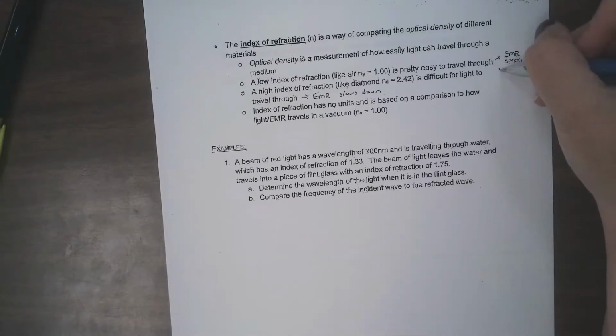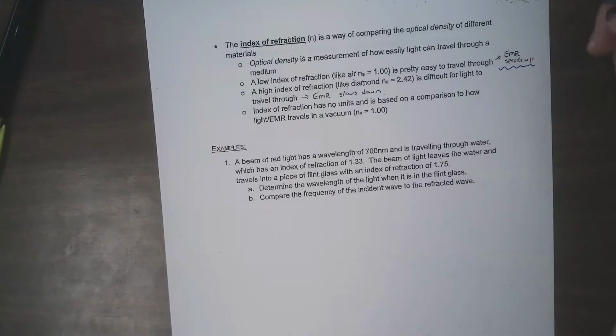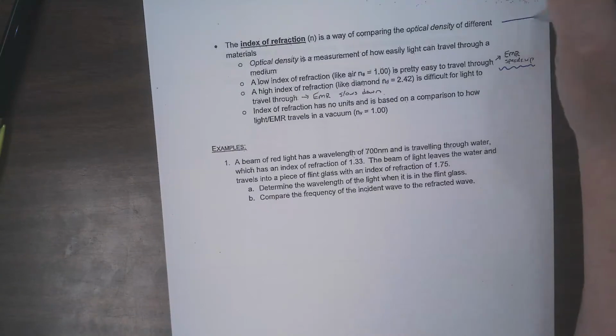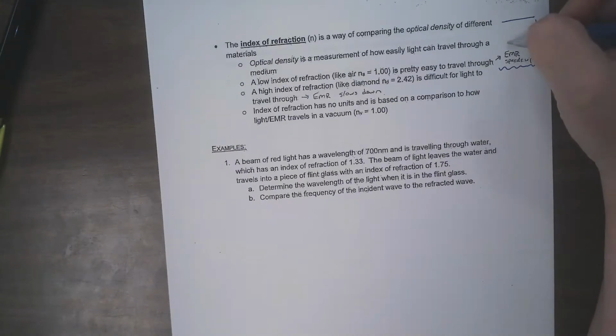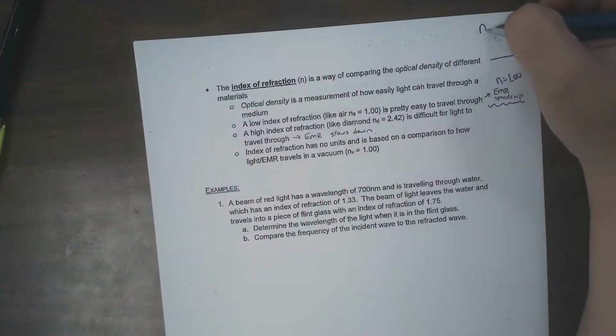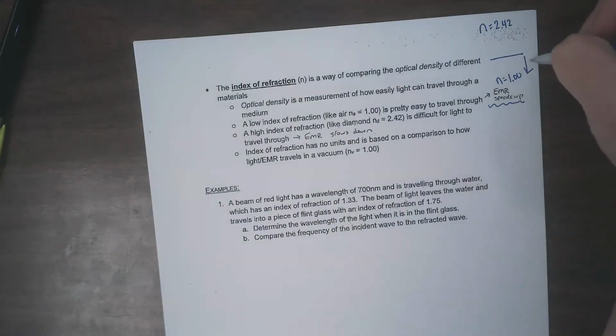And so what we see is it speeds up as it gets lower. So here, if we went this way, n is equal to 1.00 and n is equal to 2.42. These ones here will travel faster, and as you get closer this way, they'll travel slower in the mediums.